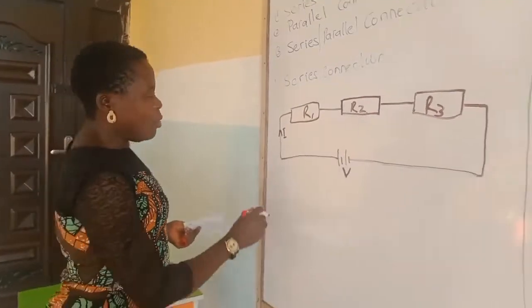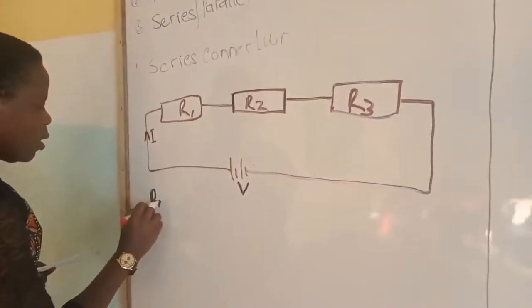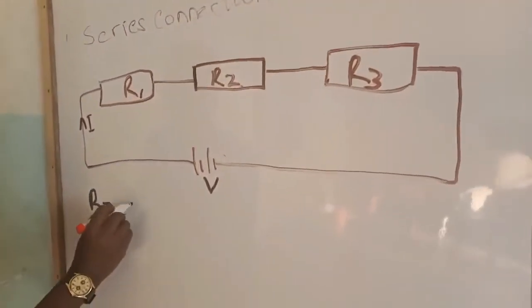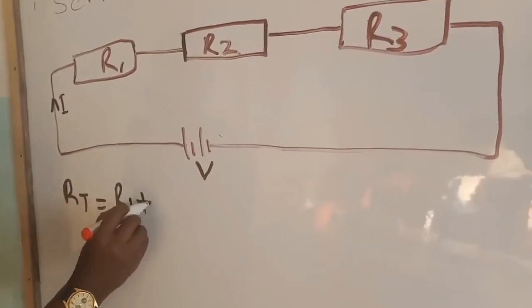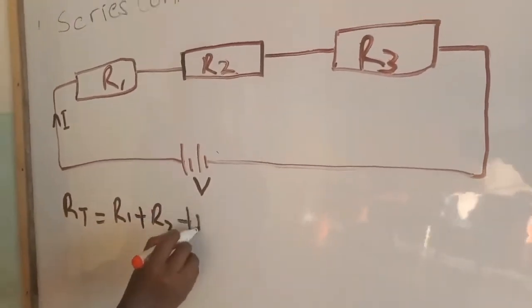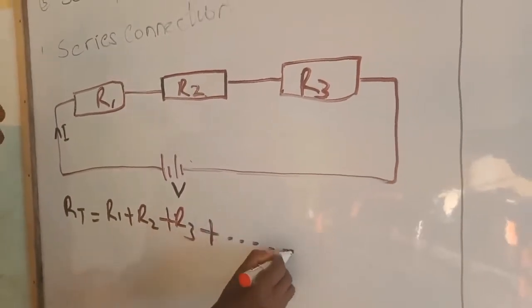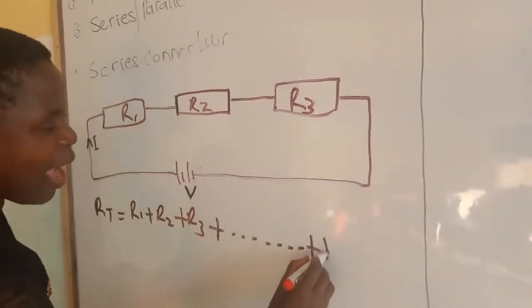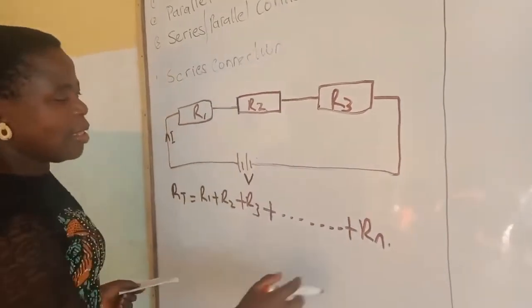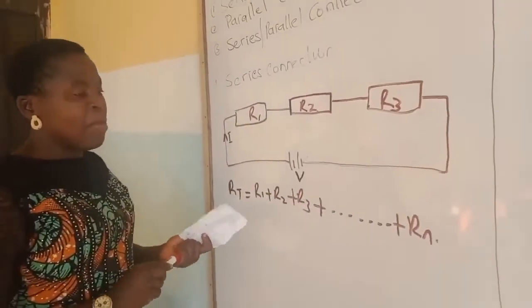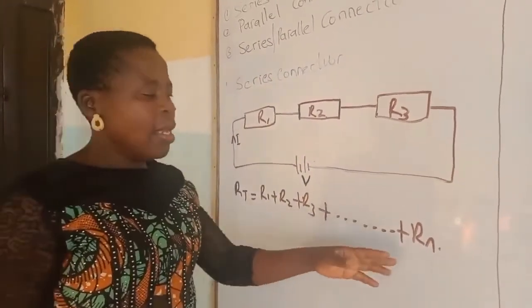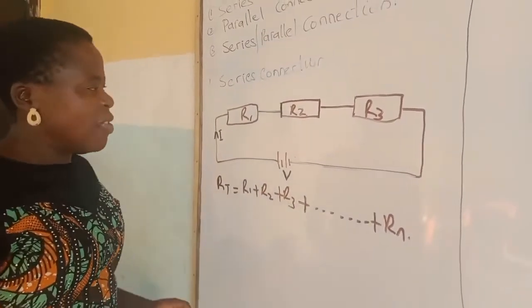So we call RT, that is the total resistance, R1 plus R2 plus R3 plus as many resistors as there are, up to Rn, that is the number of resistors that are connected. Sometimes it can be more than 2, maybe more than 3, and that is what the Rn represents.